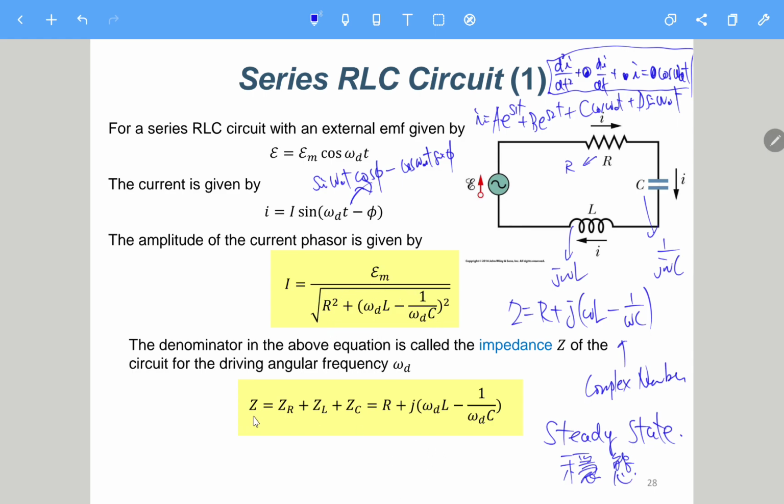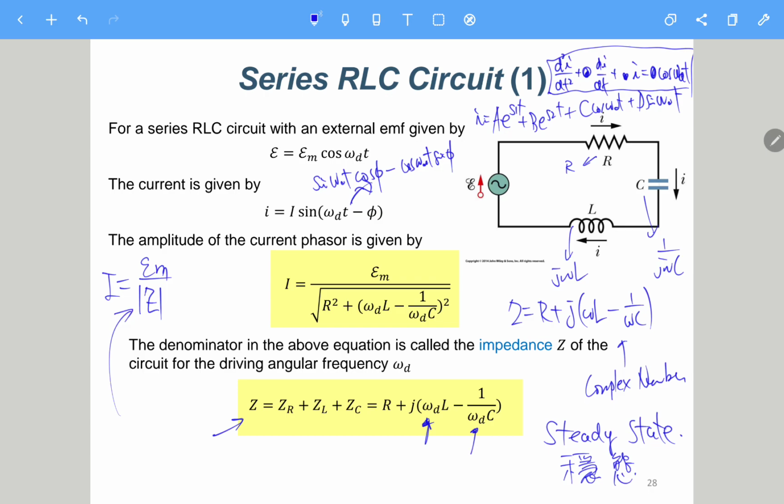Of course Z is actually ZR plus ZL plus ZC, which equals R plus J omega dL and so on. Actually this one should be EM over the absolute value of Z. Z is a complex number, or a complex function if you consider omega d a free variable. So here we need to consider the absolute value.